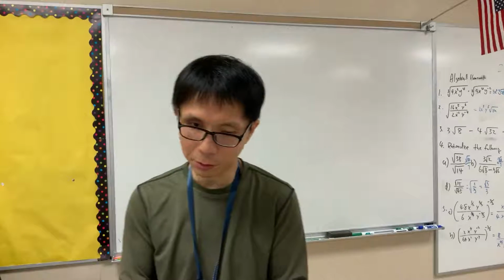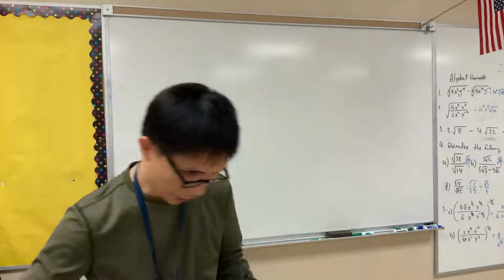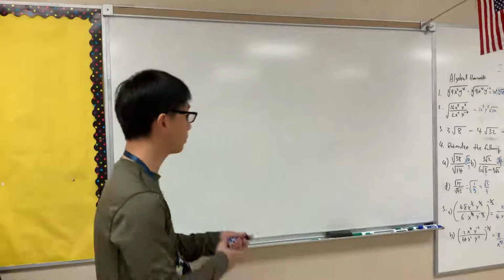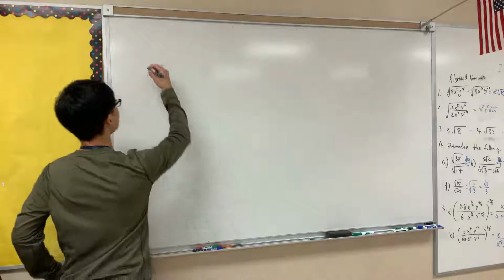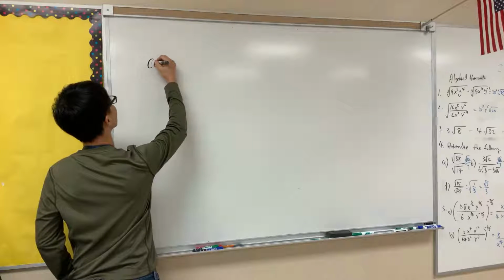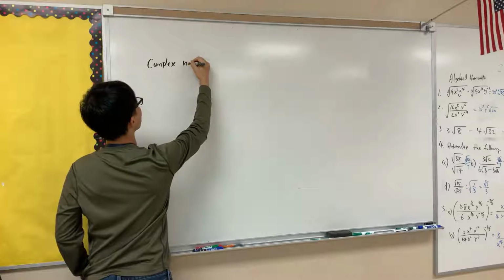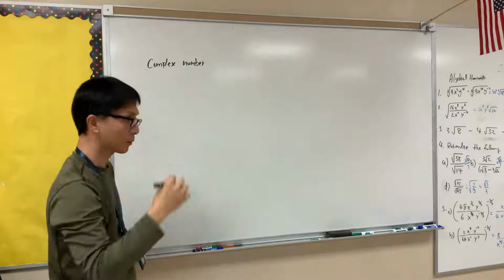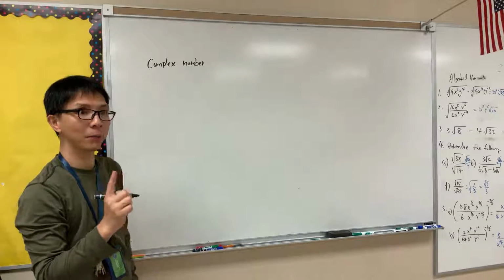So I'm using a new marker because this is kind of an important topic. So what we're going to talk about is complex numbers. Let's start with a little bit.